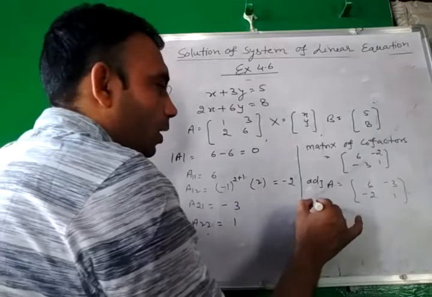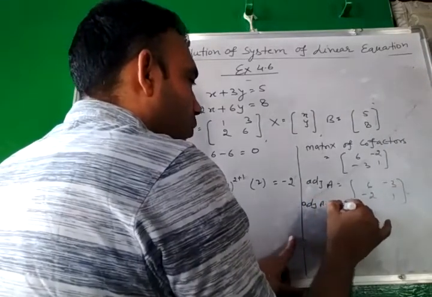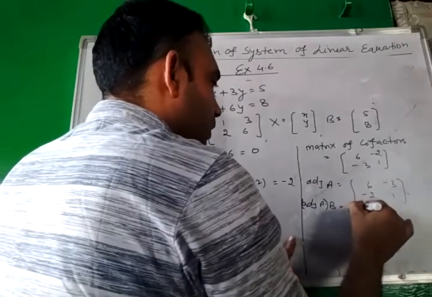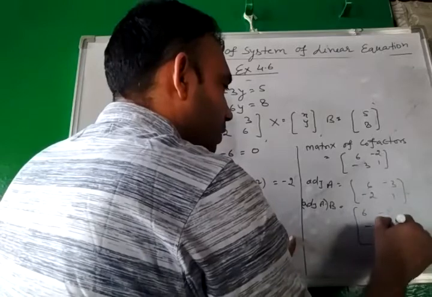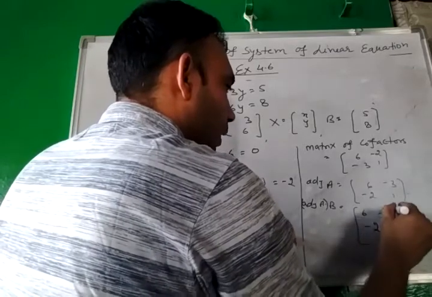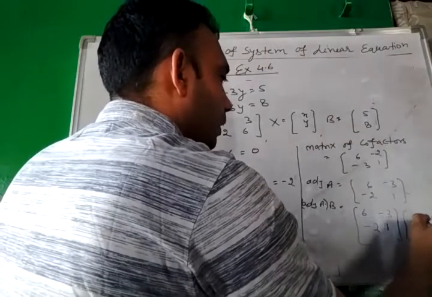Now adjoint of A into B. What do we get? 6, minus 3, minus 2, 1 multiplied with B. What is B? 5, 8.